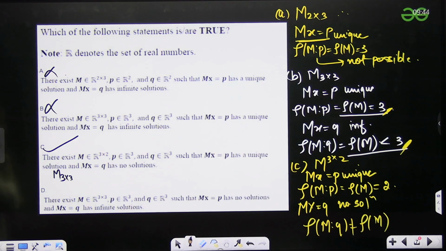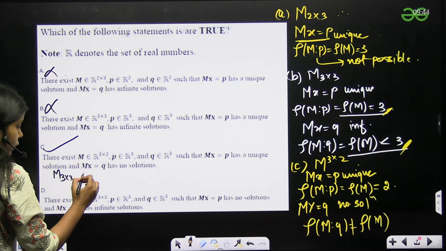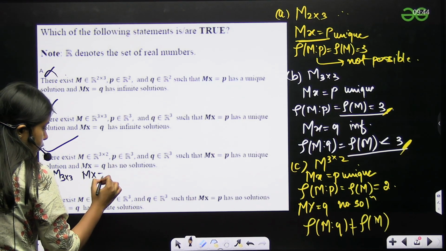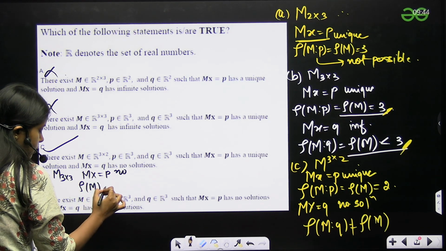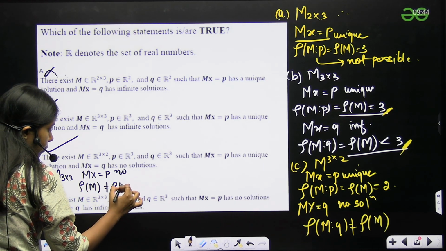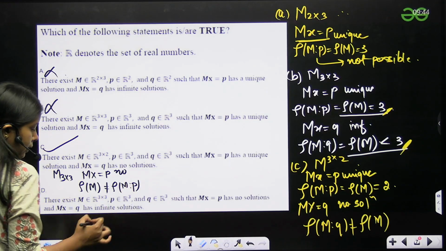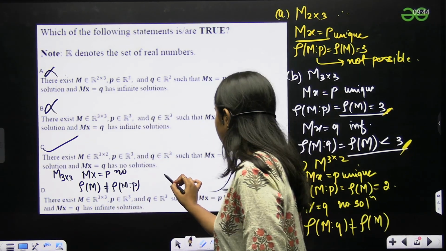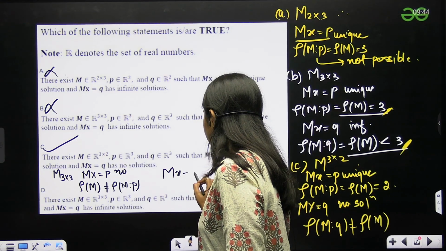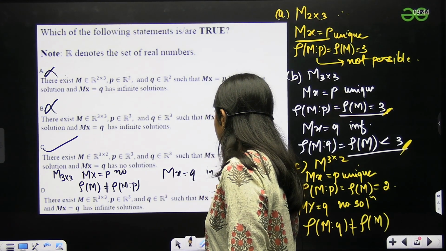They are saying that Mx equals P has no solution. That means rank of M is not equal to rank of M augmented P. Then they are saying that Mx equals Q has infinitely many solutions.